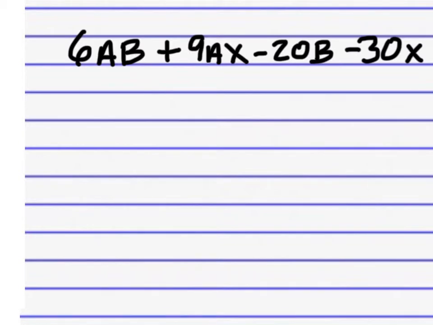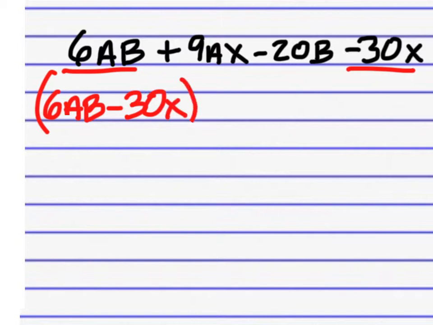6ab plus 9ax minus 20b minus 30x. Let's try an odd grouping if we can, not just the first two that come to us. Maybe we could try this, because I could take a 6 out of both of them, but nothing else. So let's try to group these two together: 6ab minus 30x, and that would leave us with 9ax minus 20b.